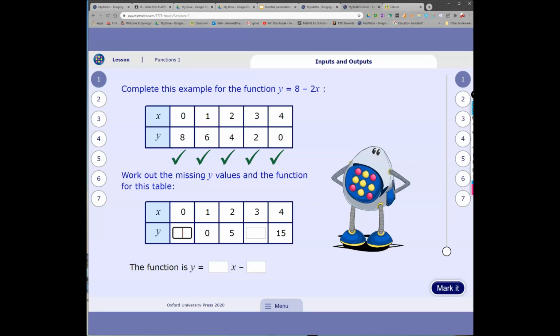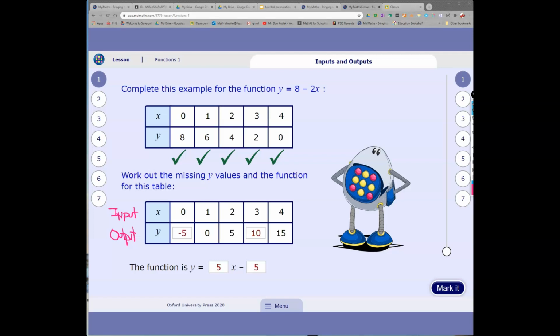So what we're doing here is we're trying to figure out what's happening, what's being done to the x coordinate, the inputs, to create the outputs. And then once you've got that figured out, what are the missing y values? So I'll pause the video again and let's see if you can figure out what that is. And once you think you have it, then restart the video.